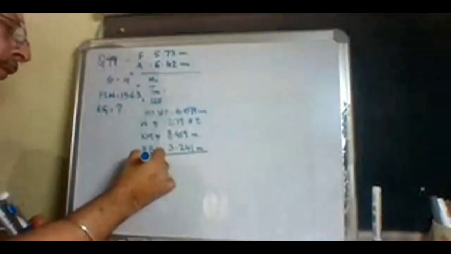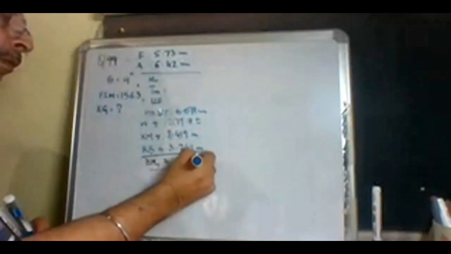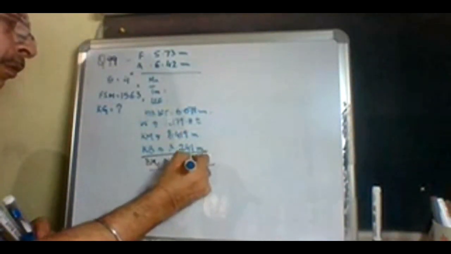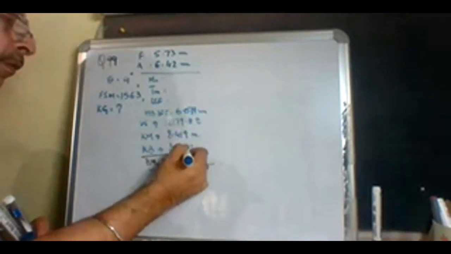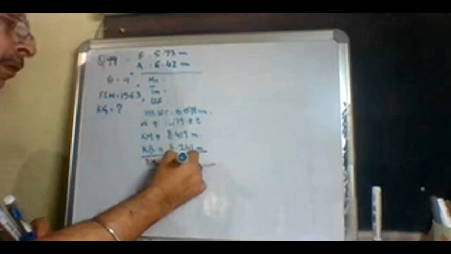KM minus KB will give you BMT. So the BMT is 5.178.